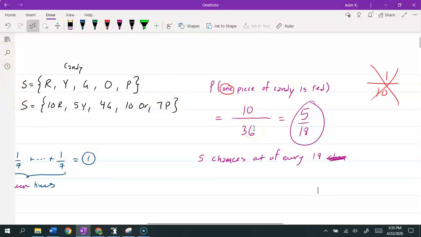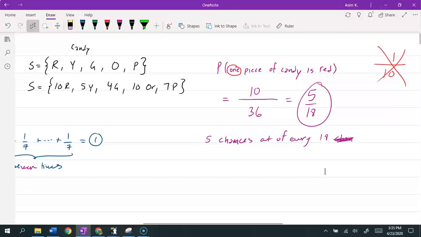What if you said, all right, I want 2 pieces of candy? Well, I'm going to ask you this. Are you looking for 2 pieces of candy as in you're going to pick them both out at the same time? Or are you looking at 2 pieces of candy in that you're going to pick one and then you're going to pick the next one?